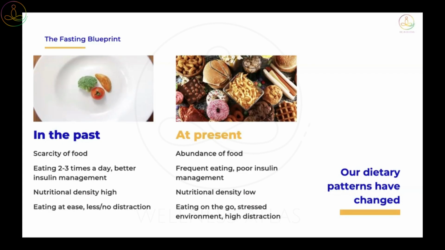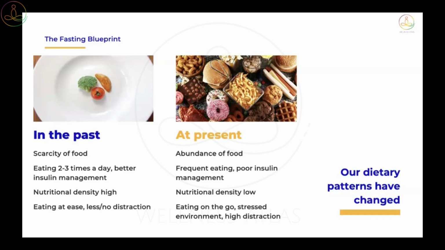Earlier we used to eat at ease, right? Lunchtime, dinner time, we'd sit together, eat aram se. There was no TV, because TV only had 1 or 2 channels, there was no phone, mobile was not there. You had to go and pick up the receiver from the landline. So it was less distraction, eating at ease. Now it is eating on the go, right?